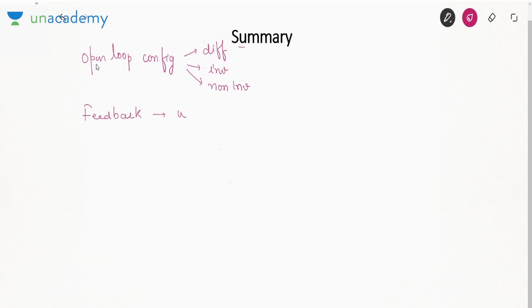I told you why we apply feedback: to stabilize the gain, to increase the bandwidth, and to make the gain independent of the environmental condition. This will come back when we study the concept of feedback amplifier. There we will discuss this in more detail. The why part I have skipped; we will cover it once again when we study feedback amplifier.